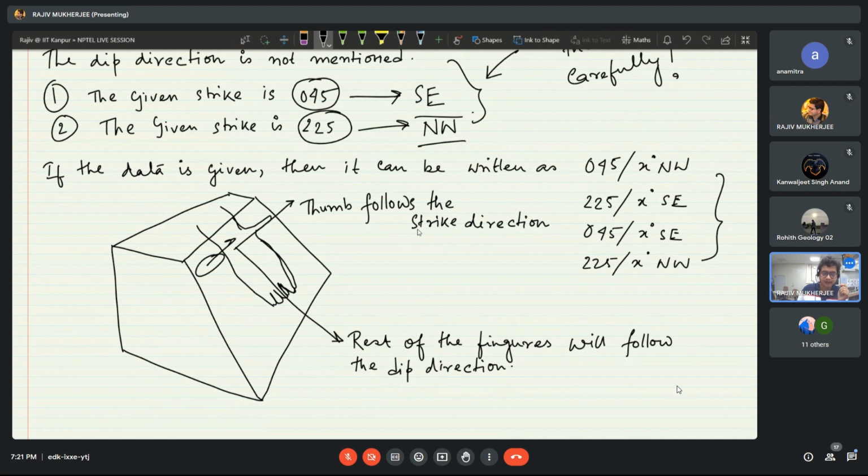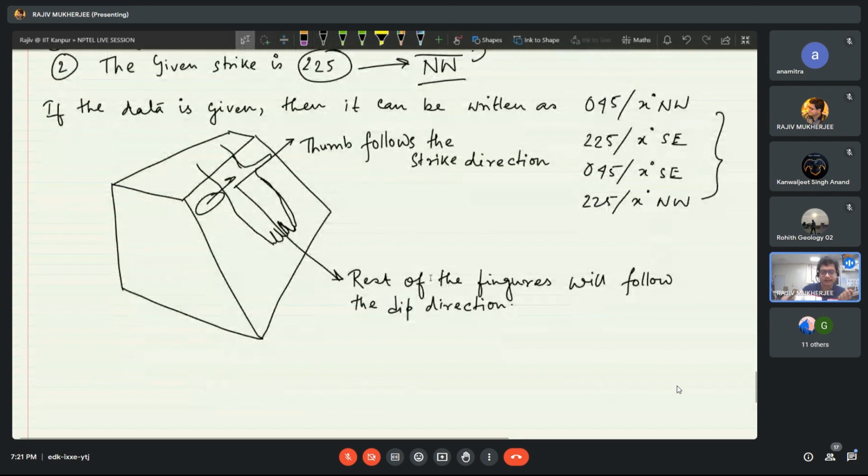Once you have measured the strike direction, you can place your right hand like that. This will automatically point towards the strike, and you know this direction. Then just measure which direction the rest of your fingers are pointing. That would be the dip direction. So this is how the right hand thumb rule works.